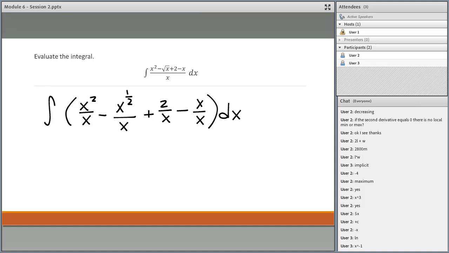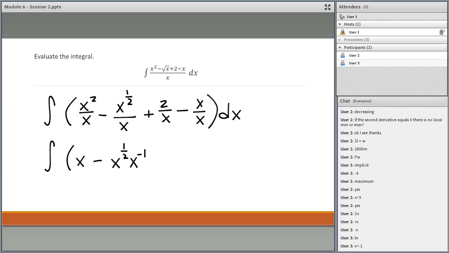So I just broke up each term by x. And that way, I can start simplifying. So some of these terms, they'll just simplify pretty easily. So the first term, for example, just simplifies to x because one of them cancels.